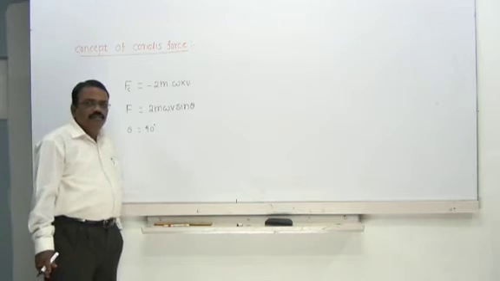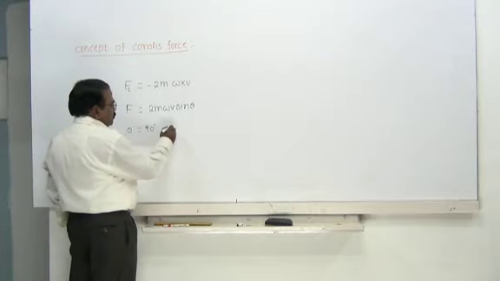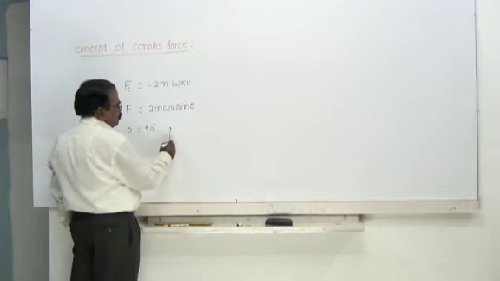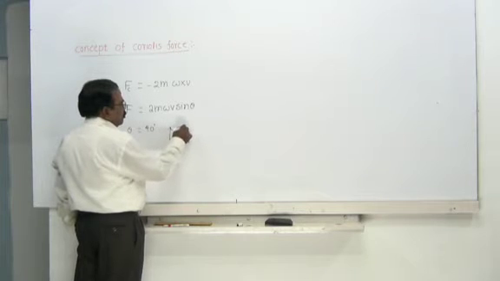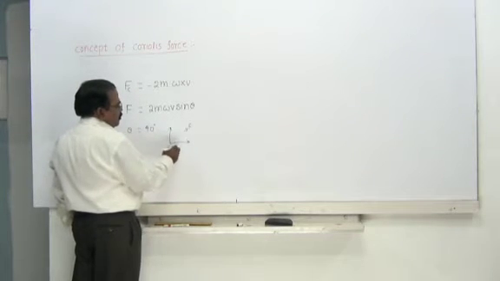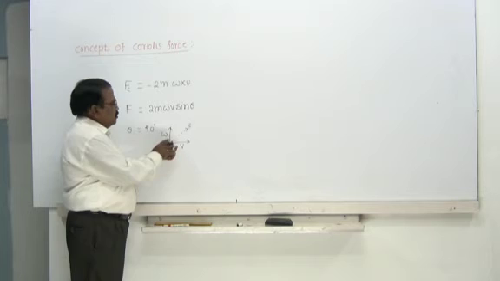Then what is the direction of this Coriolis force? The direction of the Coriolis force is perpendicular to V and omega.